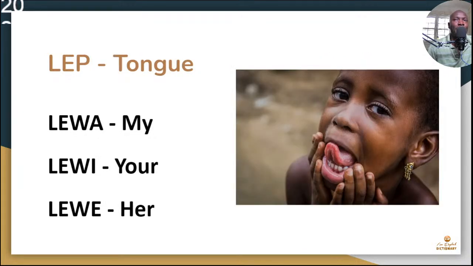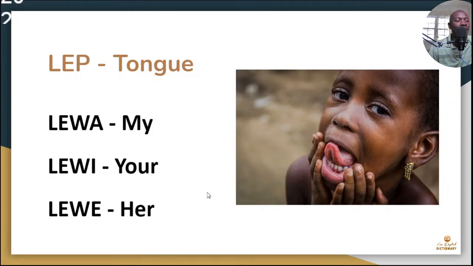Then lep, tongue is lep. Lewa, my tongue, lewi, yours, and lewe, hers.